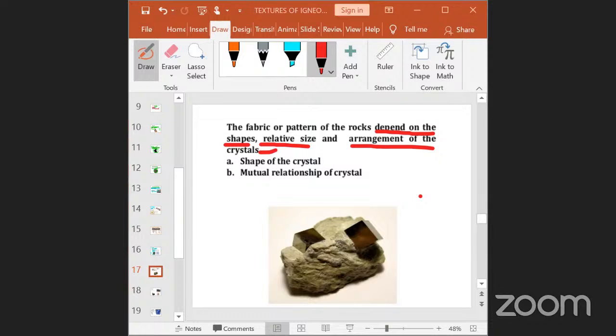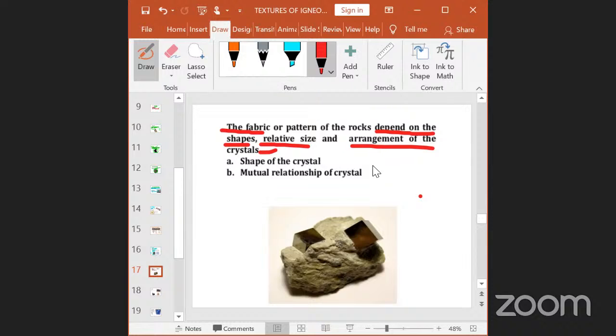We have learned that the igneous rock comprises crystallized as well as nanocrystallized components, right? So the study of the shape of crystals and their mutual relationship between mineral grains and glassy matter is described as fabric.